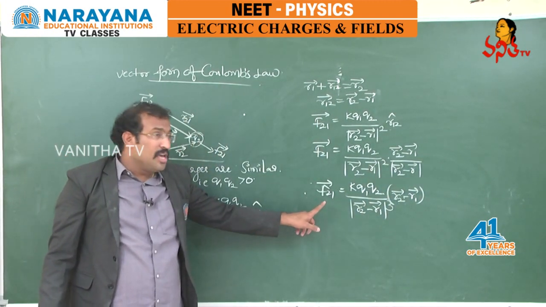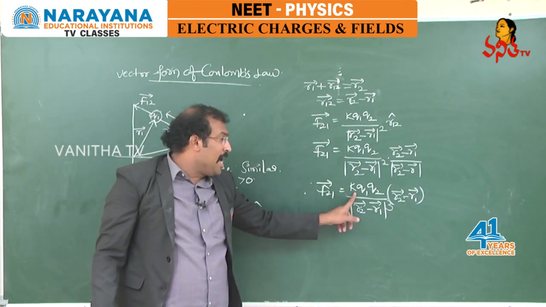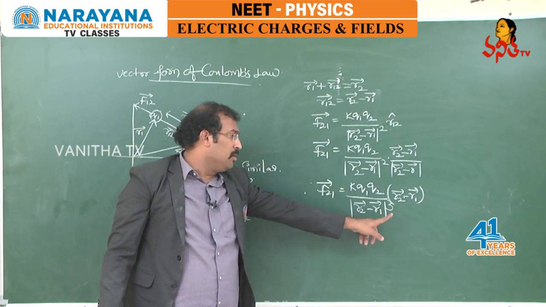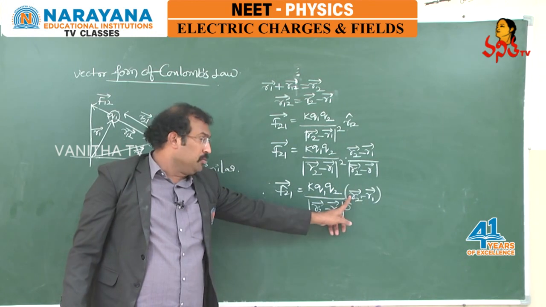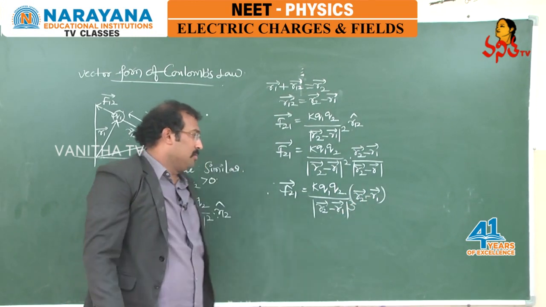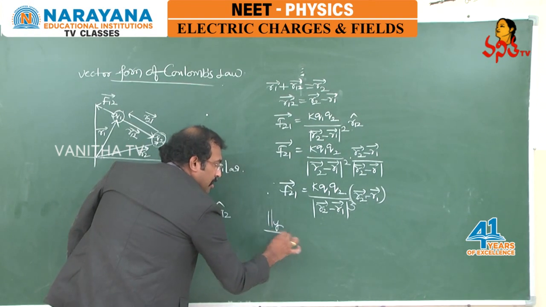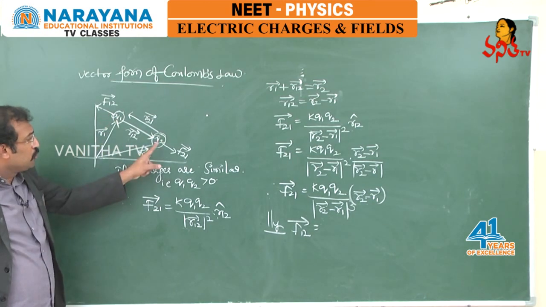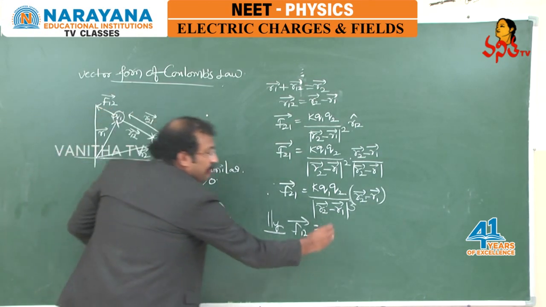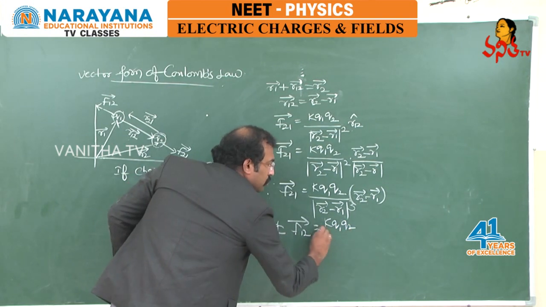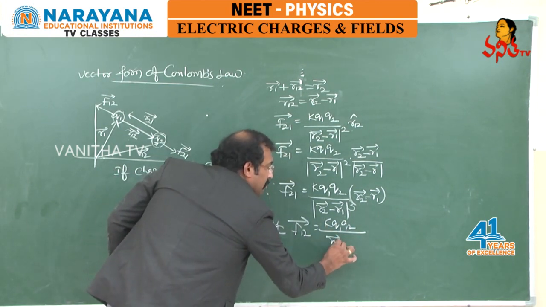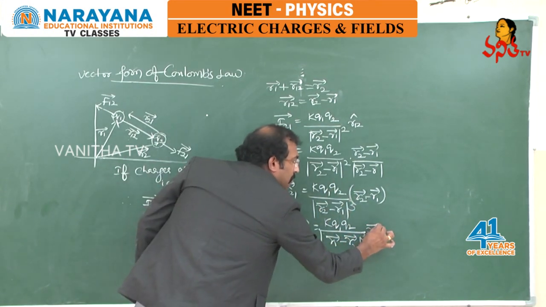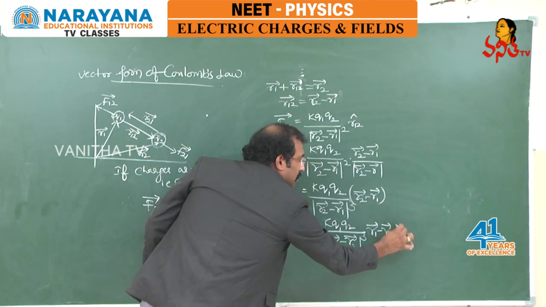Similarly, we can write F12 bar also: K Q1 Q2 by magnitude of R1 bar minus R2 bar cubed into R1 bar minus R2 bar. So F12 bar, that is the force on 1 due to 2, can be represented as K Q1 Q2 by magnitude of R1 bar minus R2 bar cubed into R1 bar minus R2 bar.